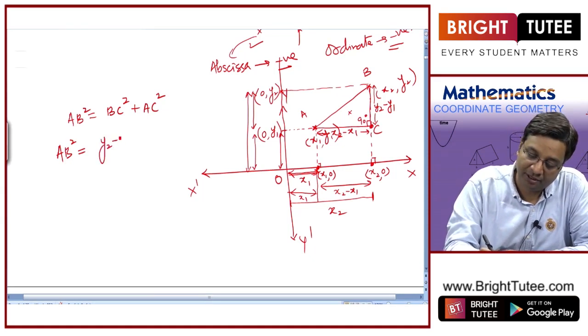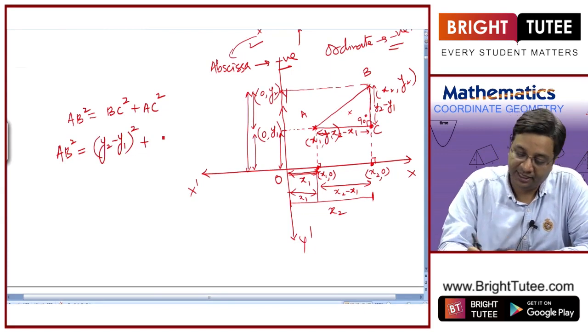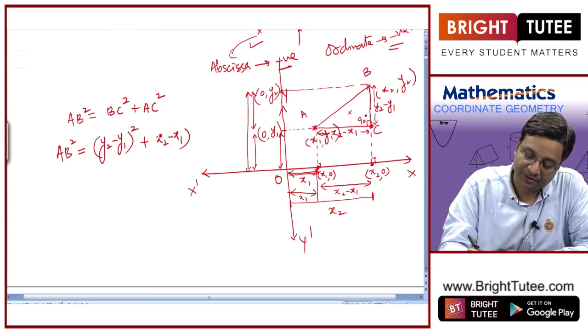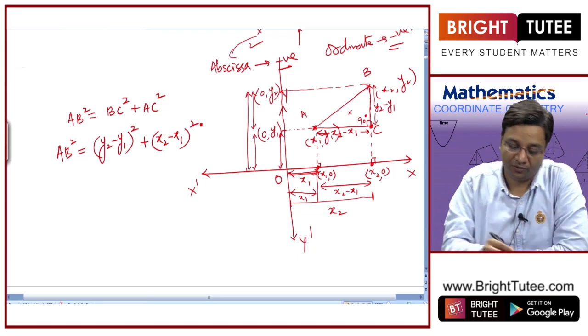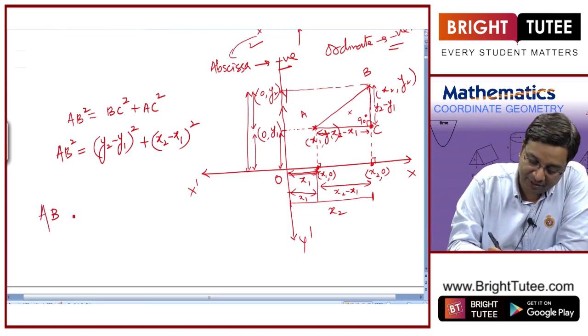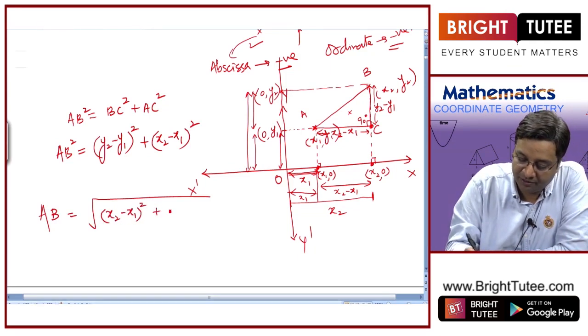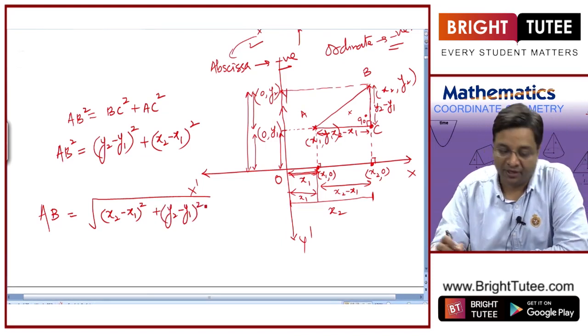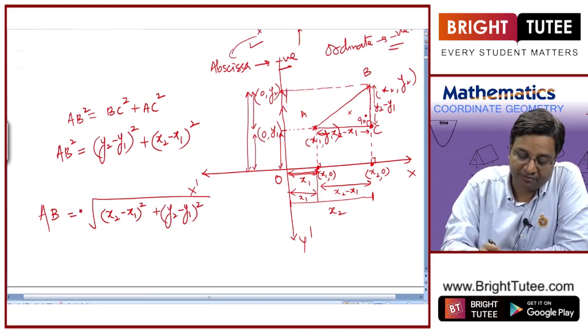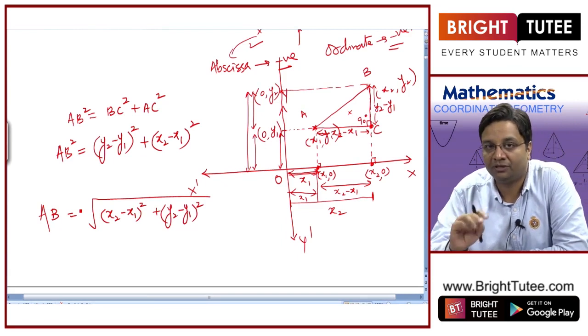BC is nothing but (y2 minus y1) squared, and AC is (x2 minus x1) squared, right? So what is AB? AB will be equal to the square root of (x2 minus x1) square plus (y2 minus y1) square, right? We have not considered the minus sign. When you take the square root, there is a plus minus, right?